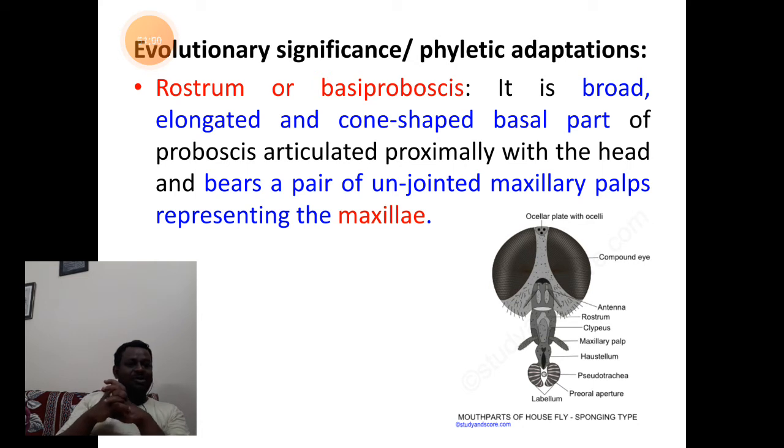So the structure of maxillary palps and the elongated cone-shaped structure of the rostrum, which attaches to the head of the organism, forms the first part. Here, majorly the maxillary palps are getting modified.